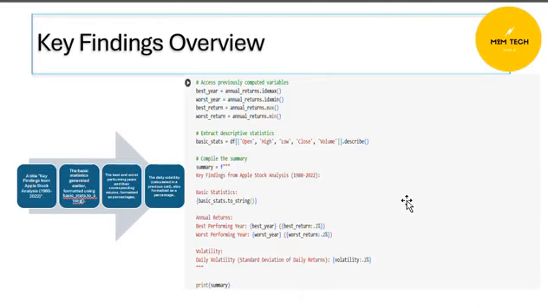This page, the Python code, is to identify the best annual return year and the worst annual return year. I also needed more details about my database, so I use the describe operation on my data set.